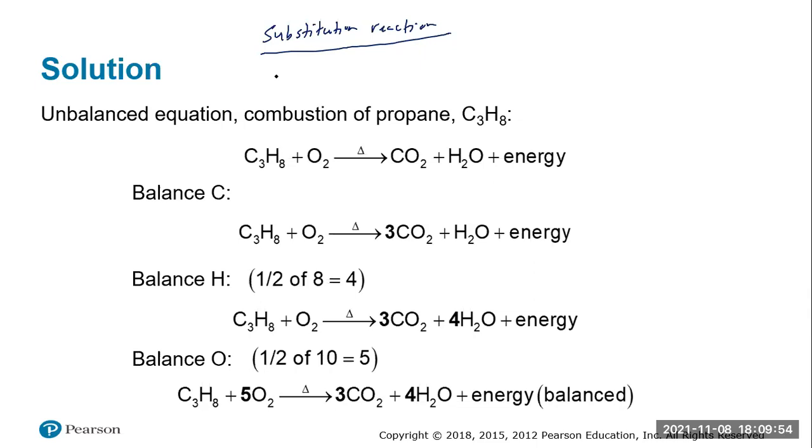So in this type of reaction, we typically will take an alkane and react it with a halogen, Cl2, Br2, and so forth. Maybe a little bit of heat, maybe a little bit of light or UV involved.